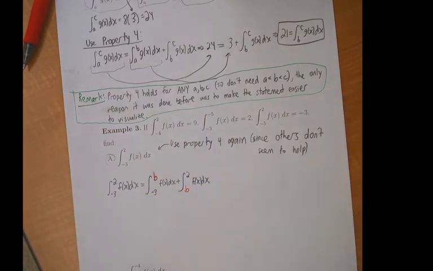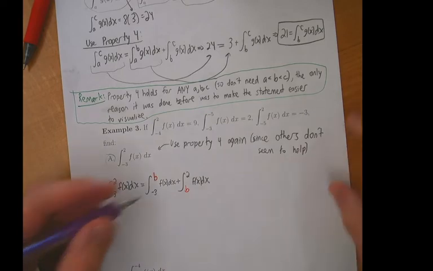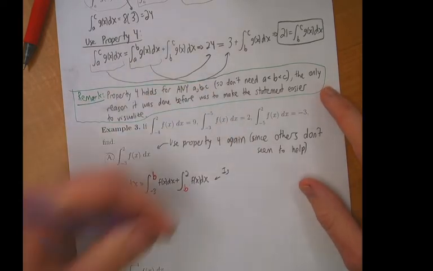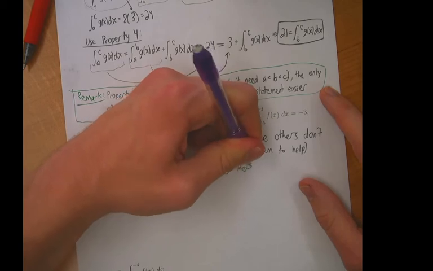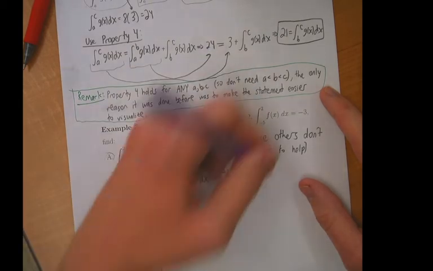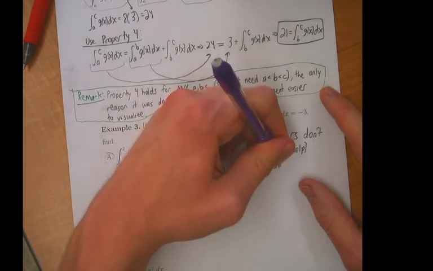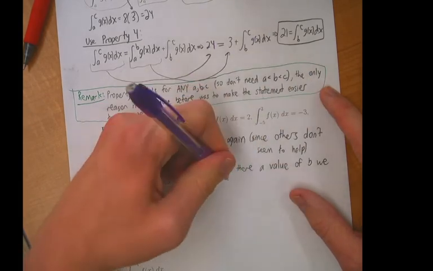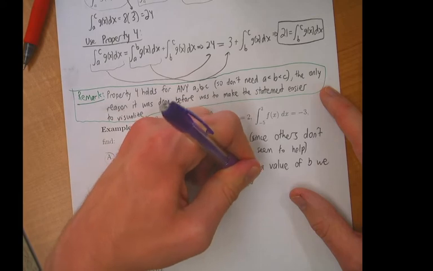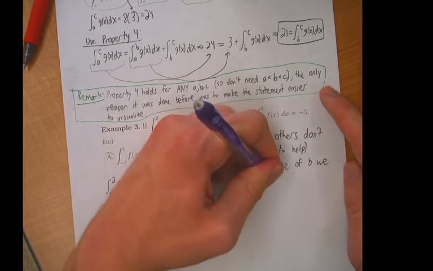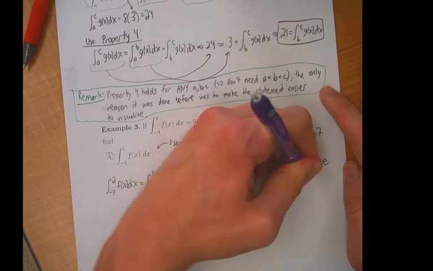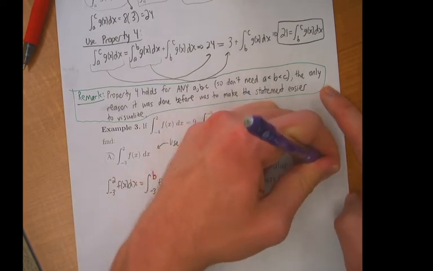So based off of this, we say, all right, is there a value of b we can use based off the given data?